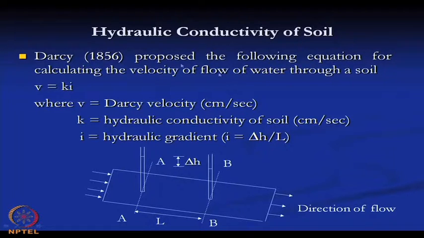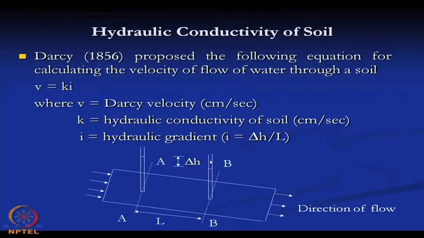Now, what is del H by L? If water is flowing in this direction, and if we take the height of the water at two locations, it will show some difference, otherwise this flow will not occur.